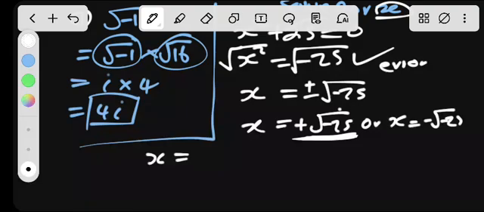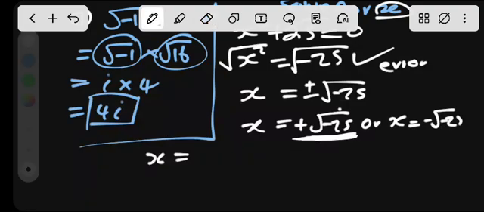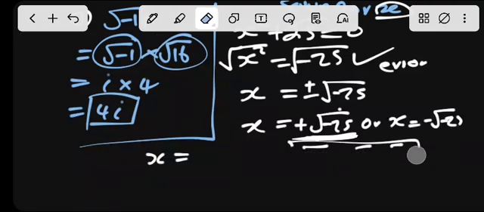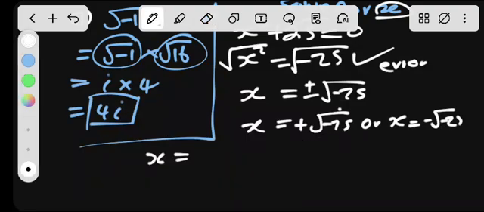When you have a negative, you use the law: the square root of ab is the same as the square root of a multiplied by the square root of b. We have our plus there, but positive does not affect anything. Even if you don't write the positive, it does not affect anything.